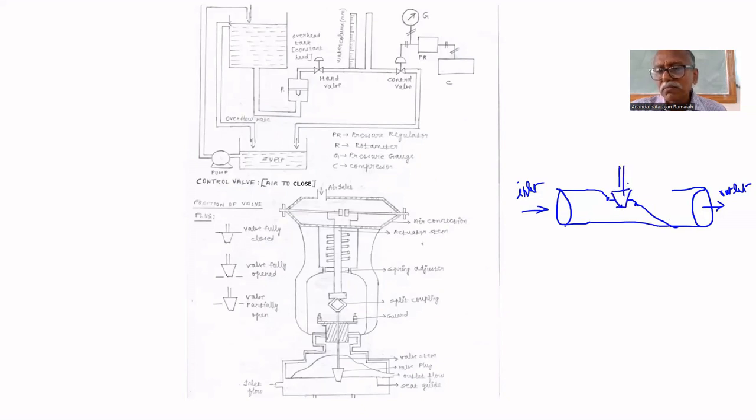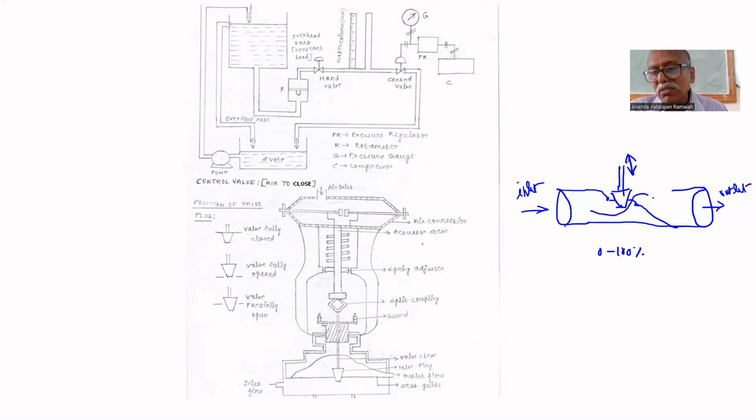A plug will be there, a truncated plug. Because of this truncation, the opening will vary from 0 to 100%. That depends upon the displacement of this stem. This plug will move and give an opening like that.